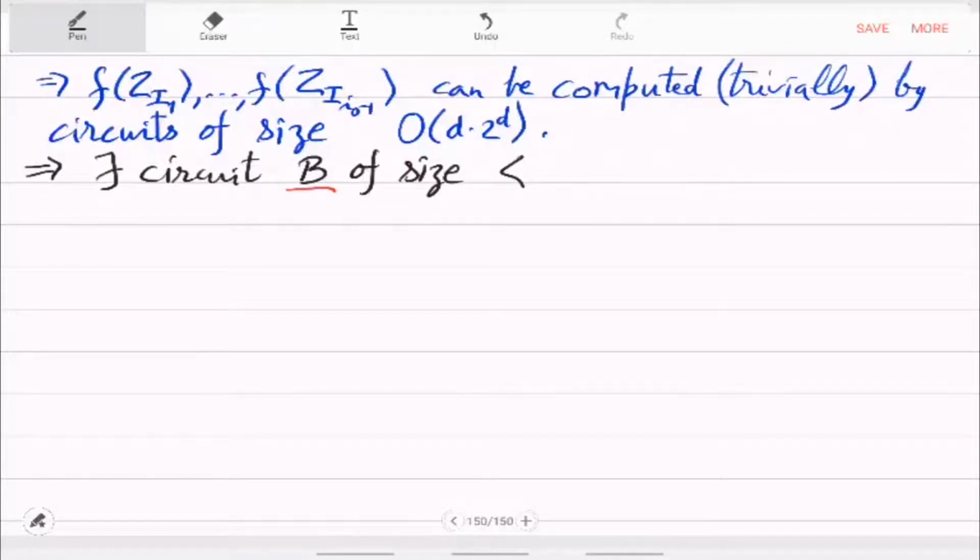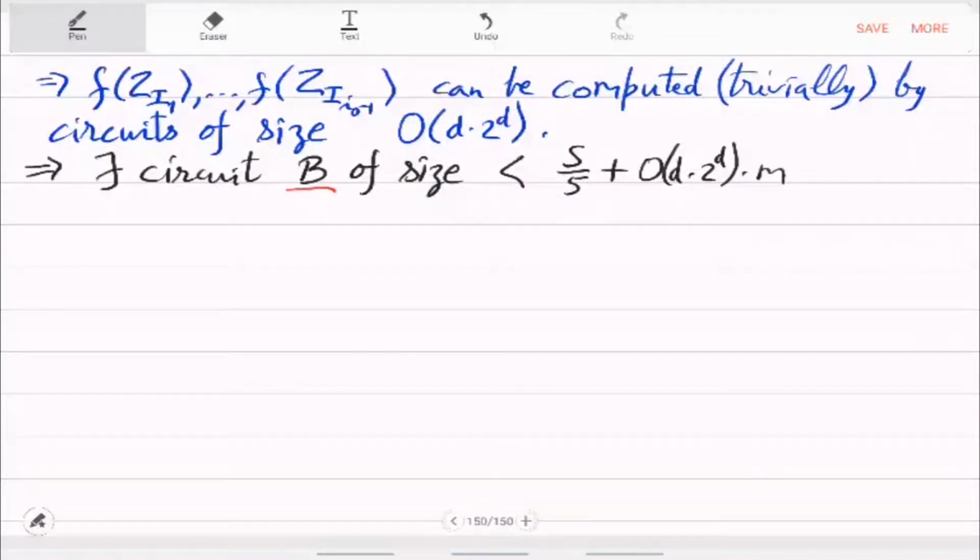C prime prime has size s by 5, then each evaluation of f we have written trivially as D times 2 raised to D, and I0 is at most m.